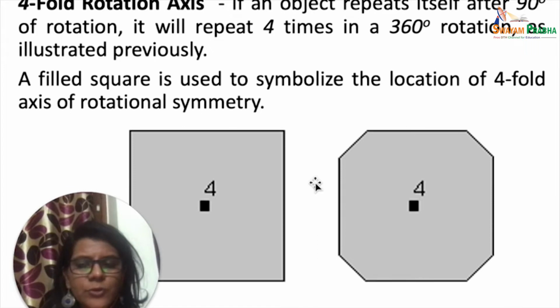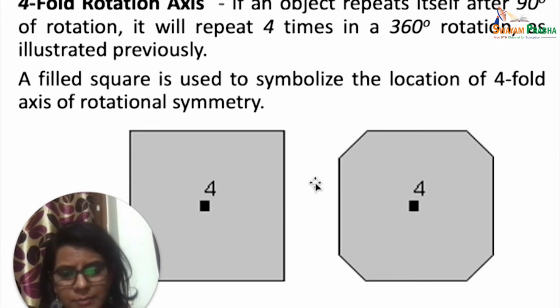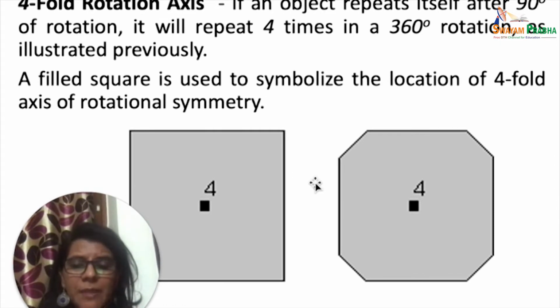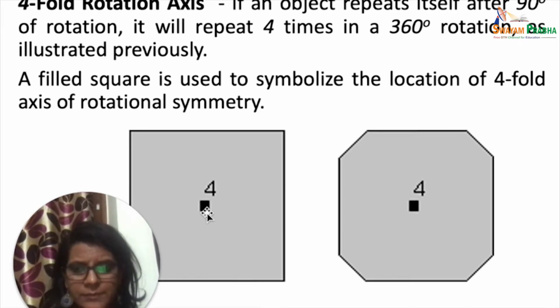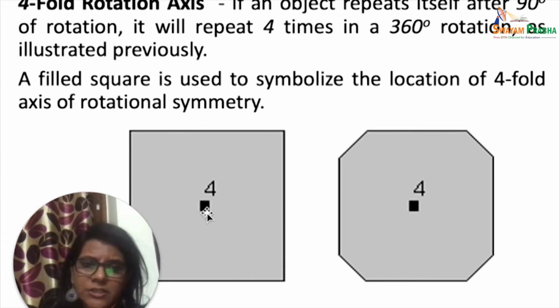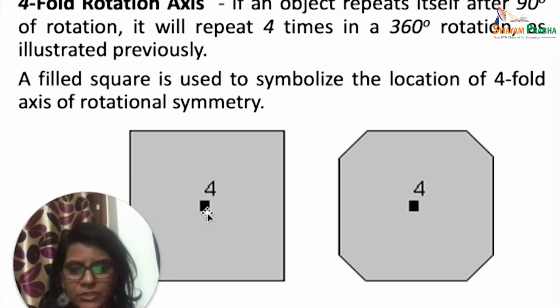A fourfold rotational axis of symmetry is a symmetry element in which, if you imagine an imaginary line passing through the center of the crystal, then you get the same identical structure after every 90-degree rotation, or 4 times in a 360-degree rotation.